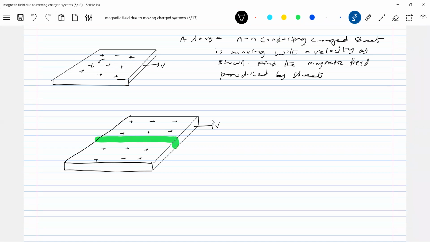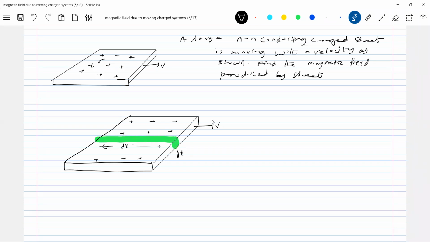Let the length of this be dx, and the length of this part be dl, or dr, anything you want to take here.